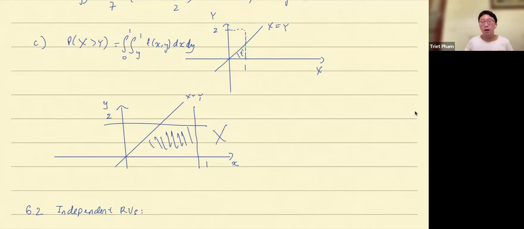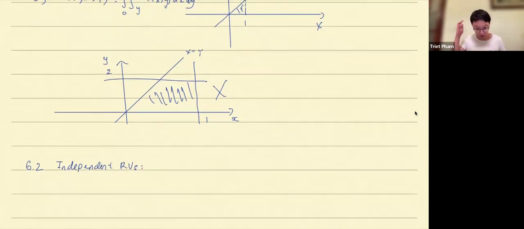Okay. And here it's pretty straightforward actually, but there are quite a few things to say about this. First is that this is basically like the idea of independent random events, right?